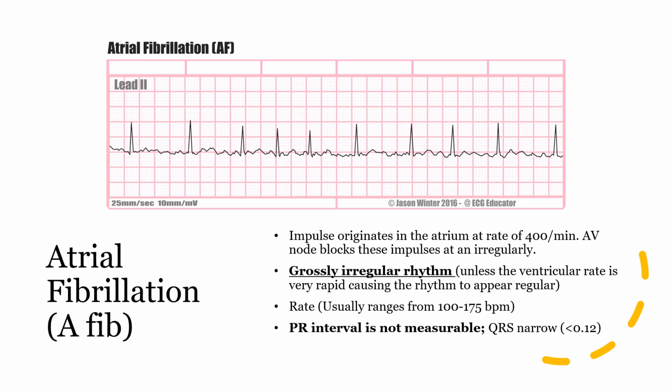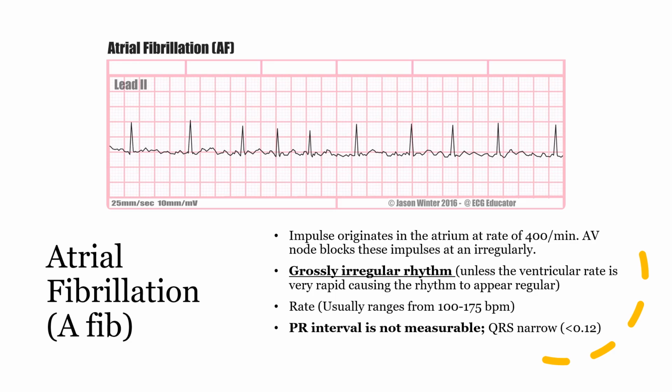So this quivering is being sent from the SA node to the AV node. Also in the atrium, in addition to the SA node, we now have bullies that are other areas of tissue in the atrium that are irritable. So they are, in addition, creating electrical responses at the same time as that SA node.